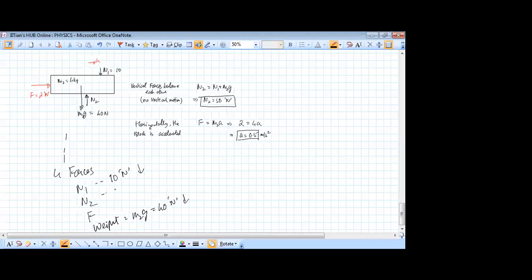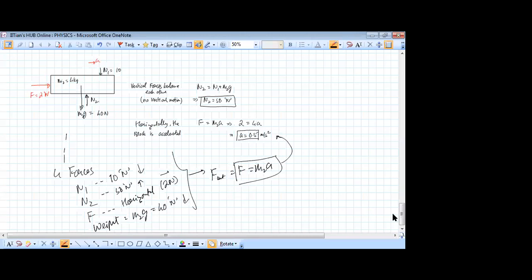So N2 is 50 newtons and it's acting upwards. And this was a horizontal force of 2 newtons magnitude like this. So from that you can see that the net force acting on it is F, and that is equal to mass times acceleration.